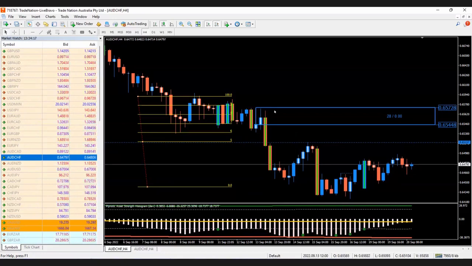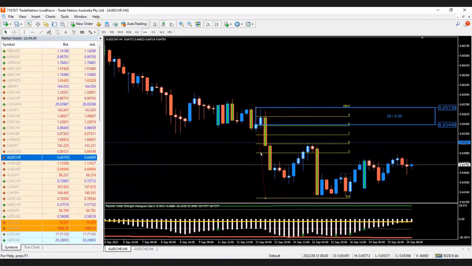And that's because I don't know, I was a little greedy, or I wasn't very mindful of the fact that we had the wicks so close. But pay attention to these because this is a micro slingshot, okay, which is the whole thing that we're talking about here. This is also a slingshot for this price structure just here. Okay, slingshot, slingshot. So price is going to come at least to that next time.